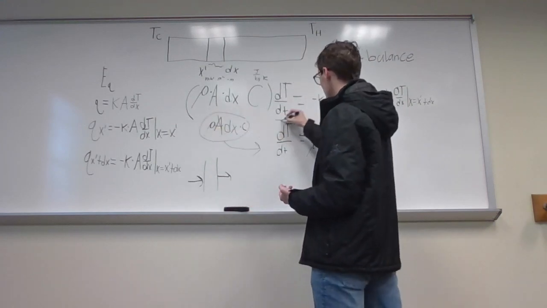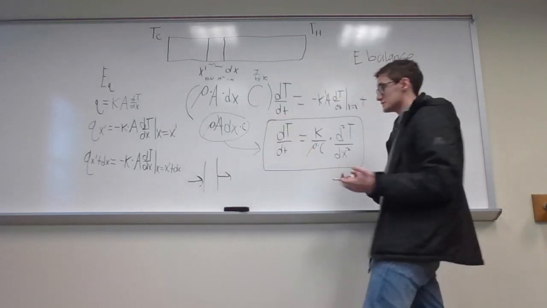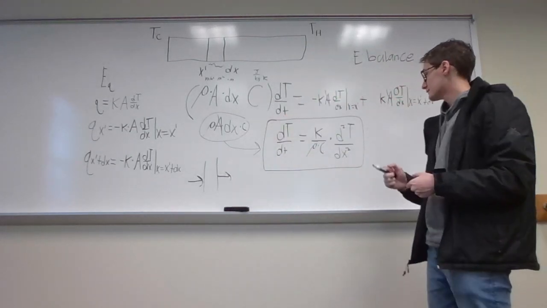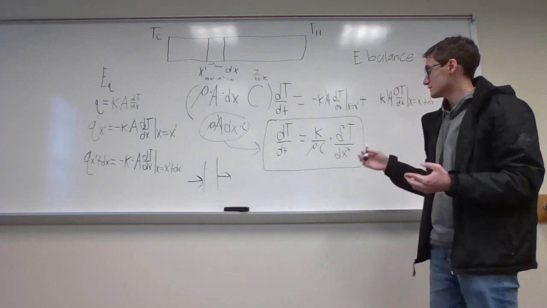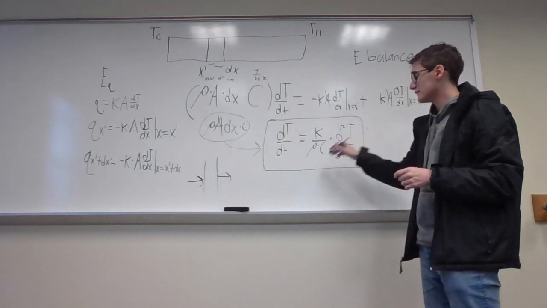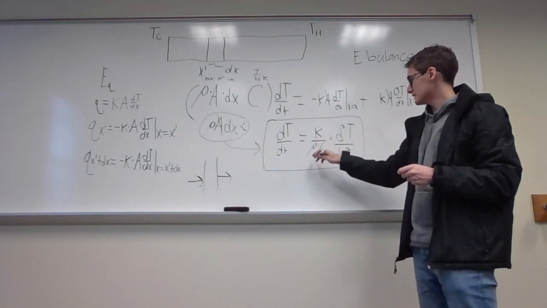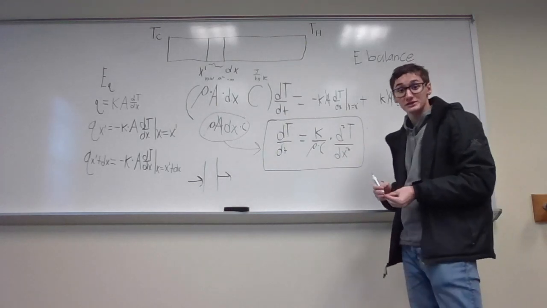So you end up getting dT over dt, so the change in temperature over time, equals K over rho C, our thermal conductivity divided by our specific heat and density, times our second derivative of temperature over position.